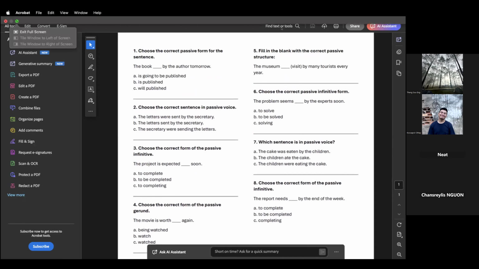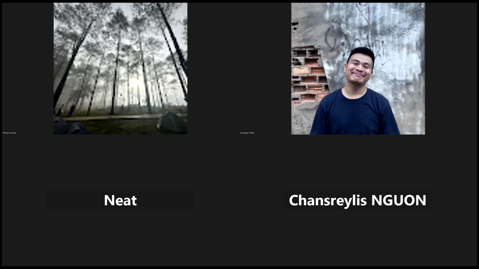So we have only these 8 exercises. We still have a lot of time. It means you are clever. Oh, no more exercises right now. I see only one page.